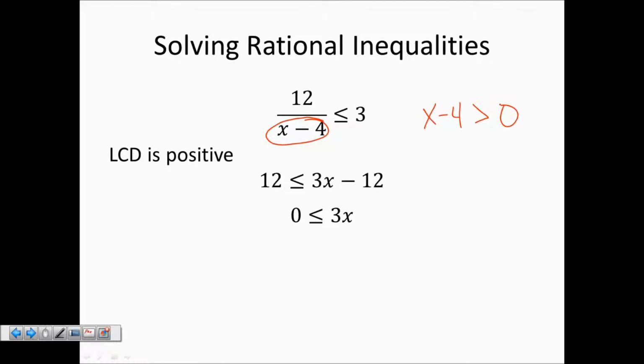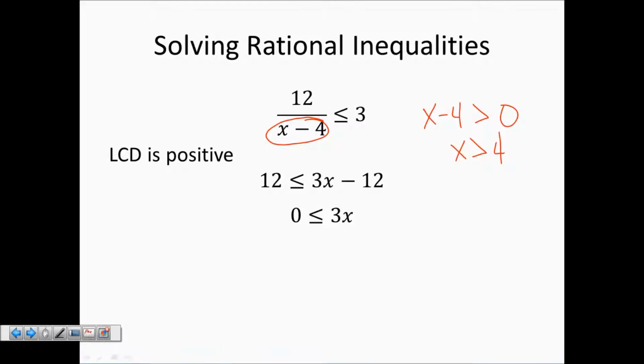Now that means that x needs to be greater than 4. I go through my process of solving this. I multiply over my x minus 4, and because I'm assuming it's positive, I do not flip this sign. I leave it because I'm multiplying by a positive number.